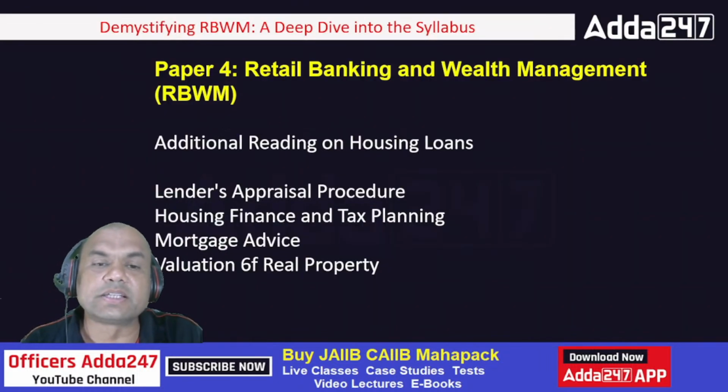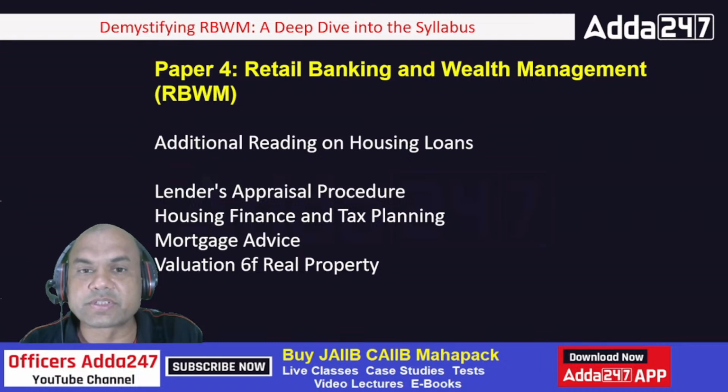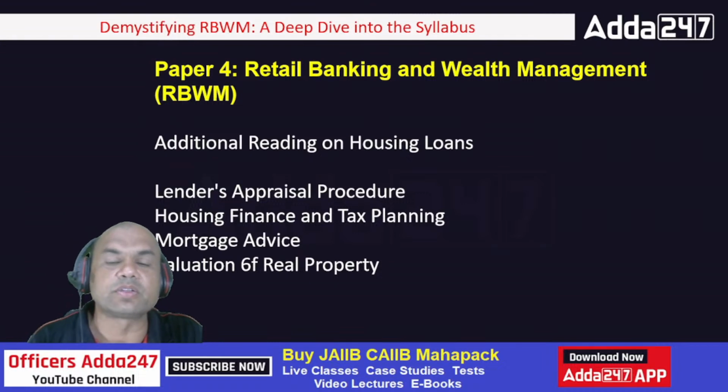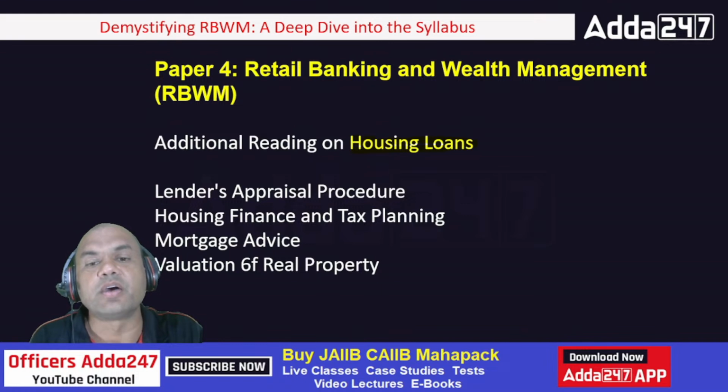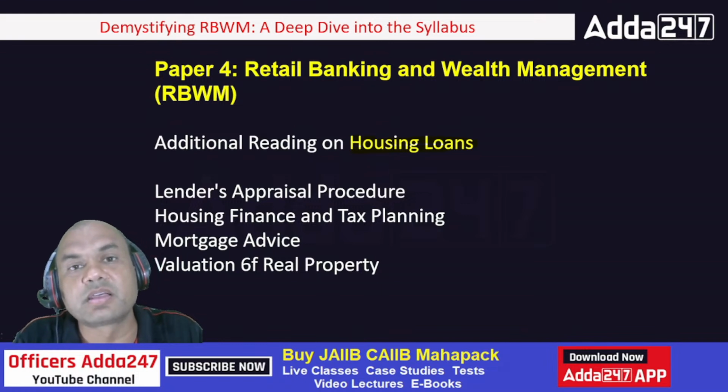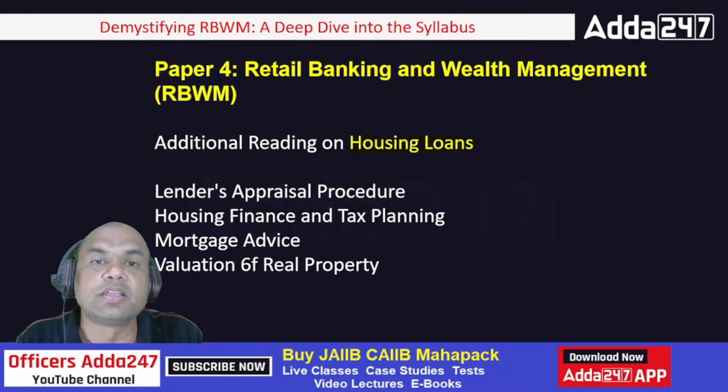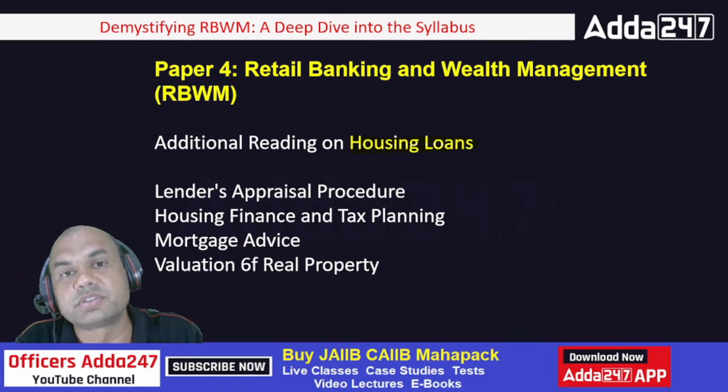Now, the additional reading which I told you is on home loans, specifically on home loans. Why have they kept it only for home loans? Why not for company loans? Because housing loans are the prime income earners for the banks now. There is lesser risk in housing loans.